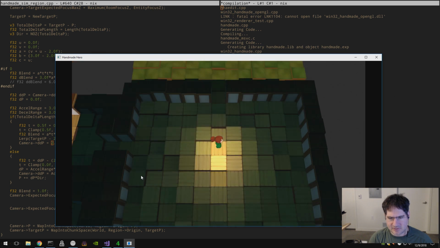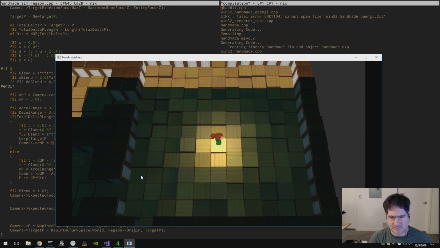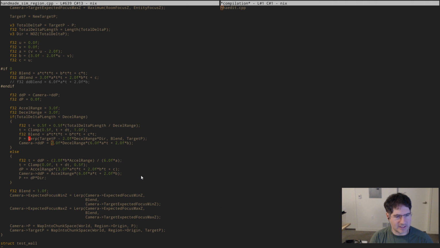But it still doesn't seem like it's really working at all. So I think I've got something very buggy happening there, but I'm just not sure exactly what it is. Oh, weird. I'm not actually updating the camera's position here, though. That was weird. So what was it doing in that case?